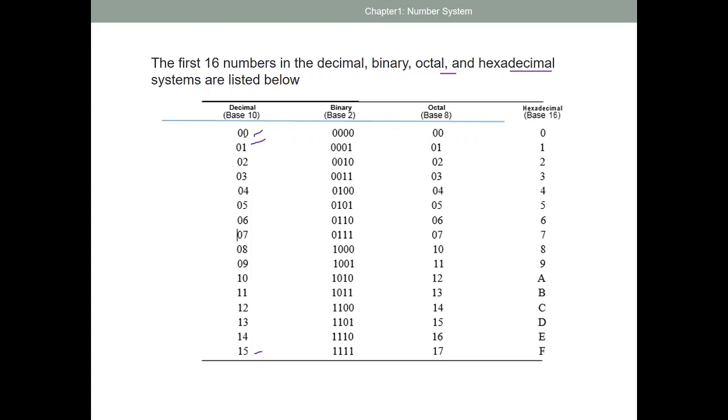How will 0 be represented? 0000, 0001, 0010, 0011, 0100, 0101, and it will go like this. See here, the least significant bit alternates zeros and ones: 0, 1, 0, 1, 0, 1.